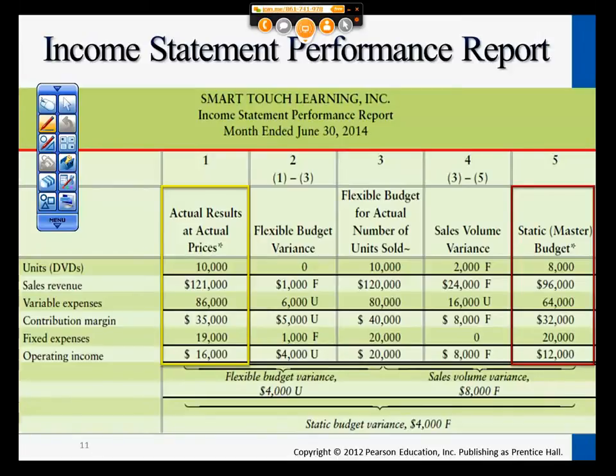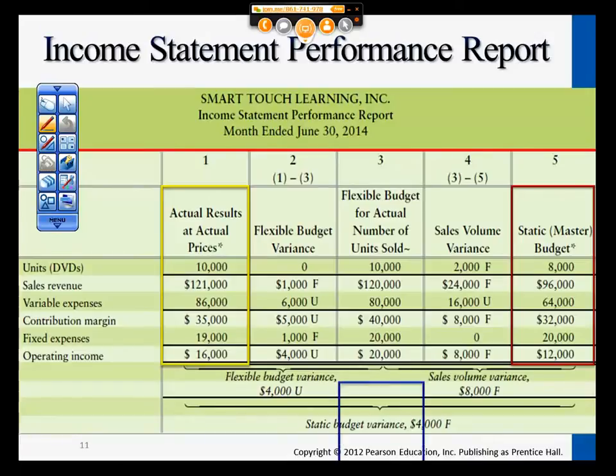That actually happened for our business. And then on the very right, you have your static master budget. That's something that you budgeted for, okay? That's your predictions. That's not actual numbers from the market, right? That's not your business operations that give you these numbers.